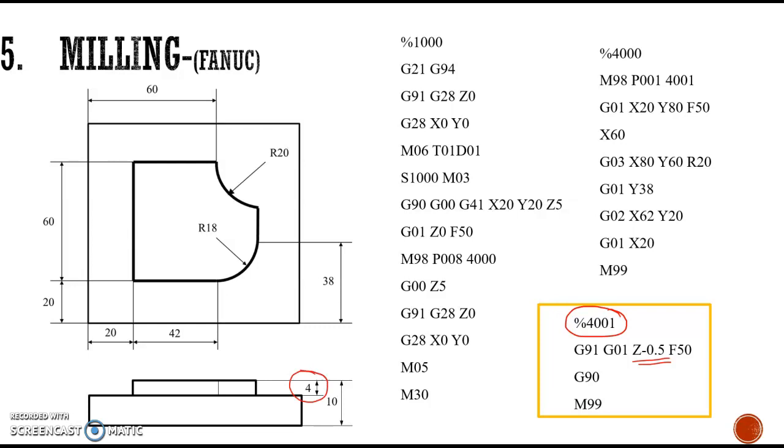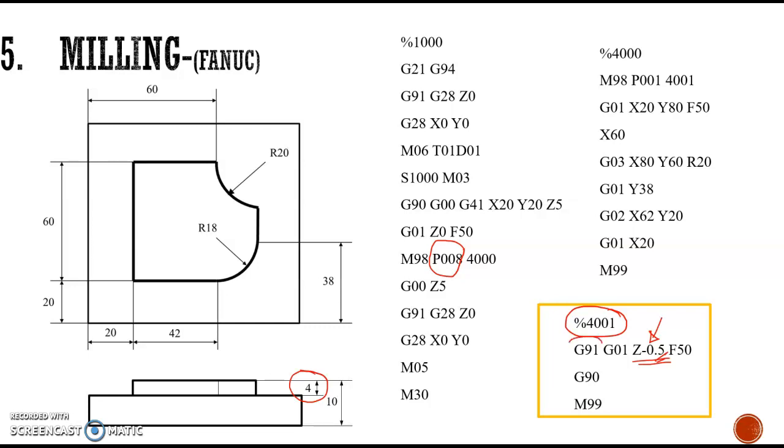Assume that our machine is not that strong, so each time we are selecting an increase in depth of 0.5 mm. That's why it requires 8 passes, which is given in the first subprogram. So 8 times we have to call the subprogram.